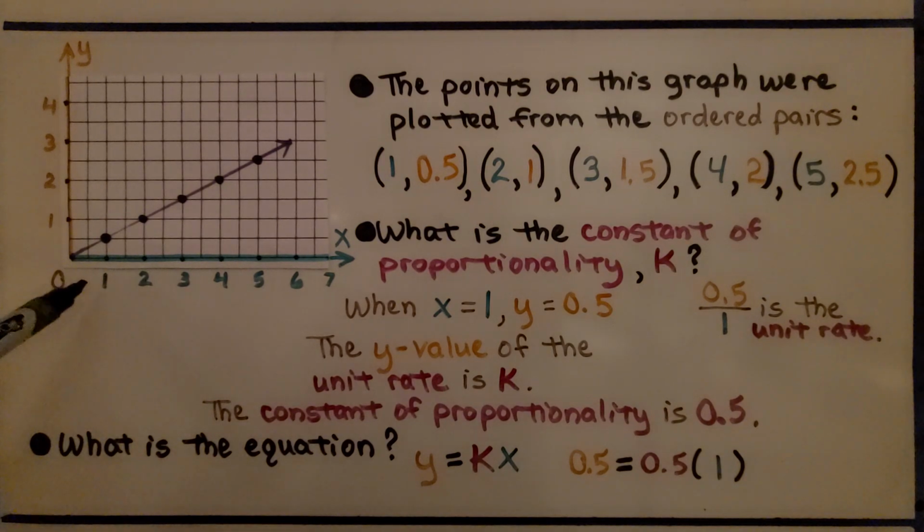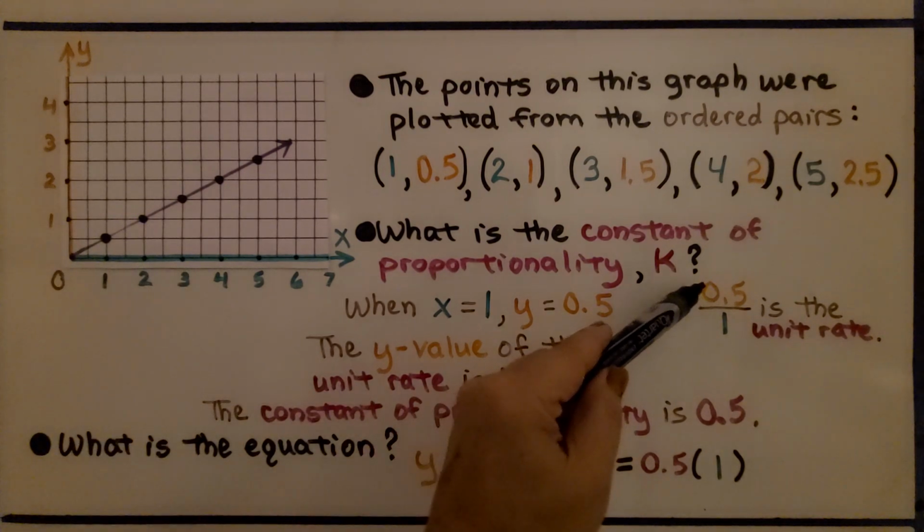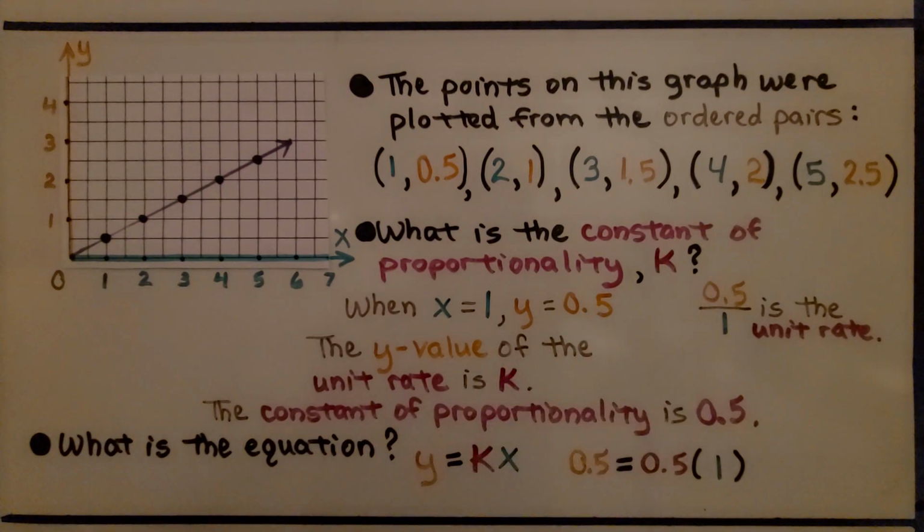Well, when x is equal to 1, y is equal to 5/10. That would be 5/10 over 1. That's the unit rate. The y value of the unit rate is k. The constant of proportionality is 5/10. So what is the equation for y is equal to kx? Well, it would be 5/10 is equal to 5/10 times 1.